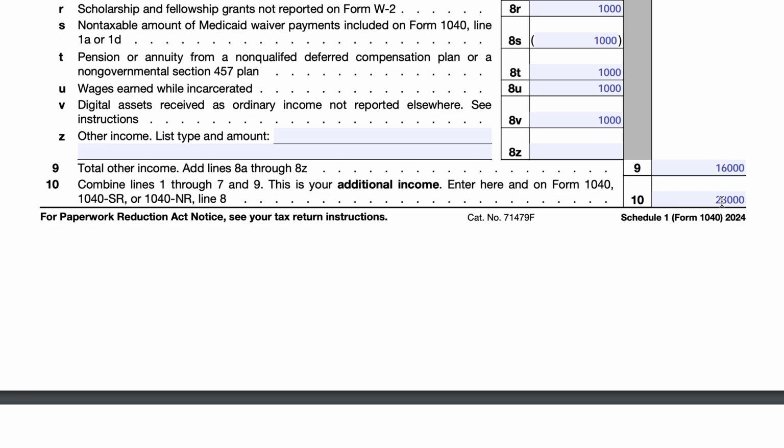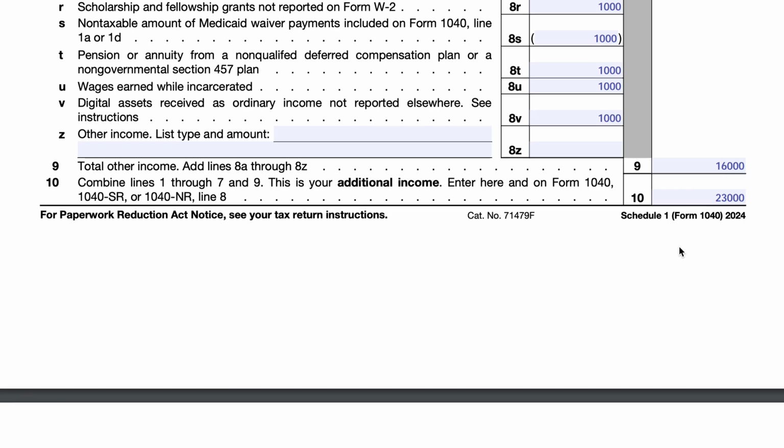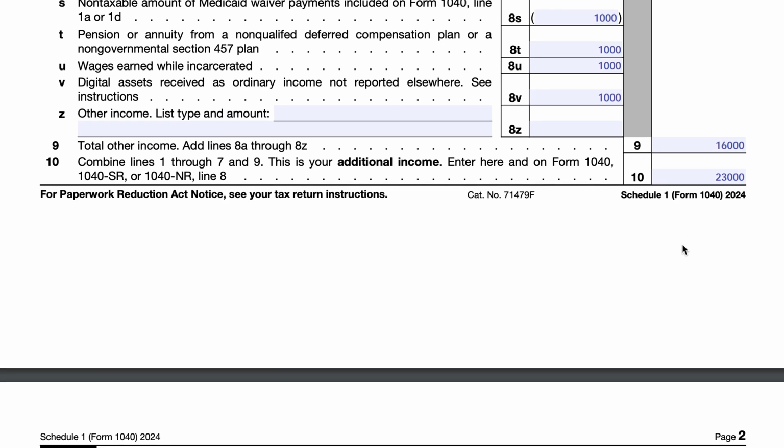It's an increase in AGI, but because it's not reported as wage income, you're not calculating Social Security or Medicare tax on this. So it's additional income that you report at the top or on Schedule 1.